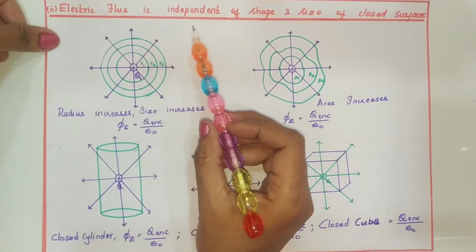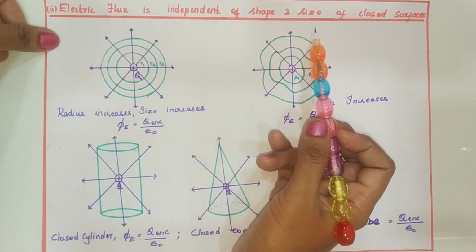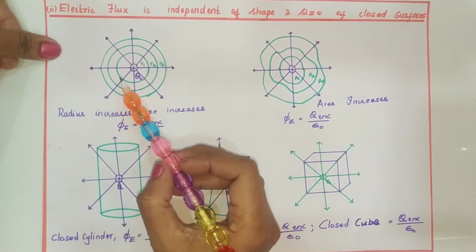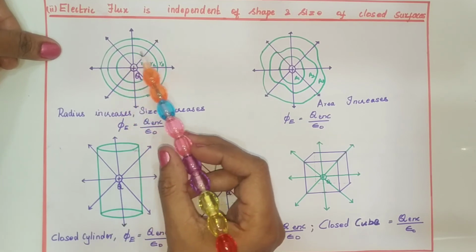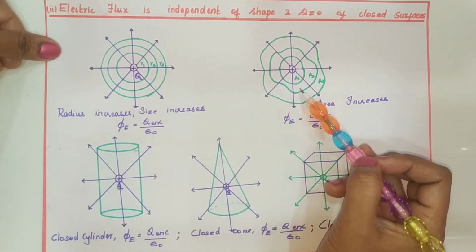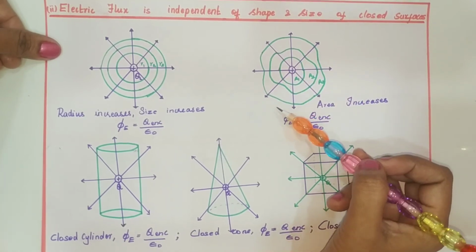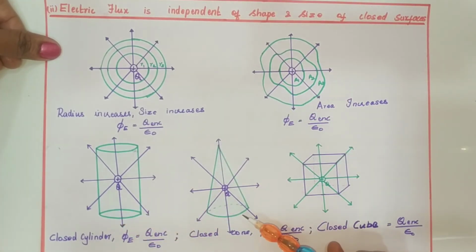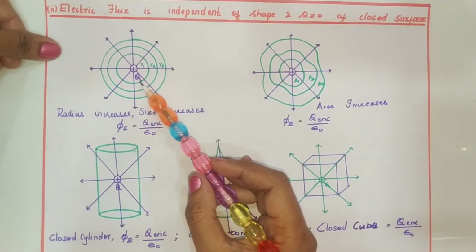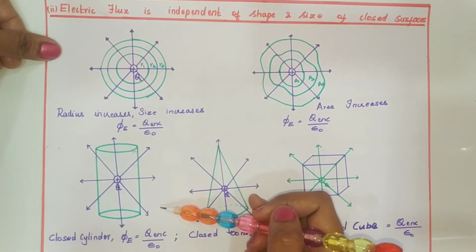Second, electric flux is independent of shape and size of the closed surface. Here you see, here is an imaginary perfectly shaped closed surface. Here I have an arbitrary shaped closed surface. Here a closed cylinder, a closed cone, and a closed cube. If a charge is enclosed within here, what will be the electric flux?